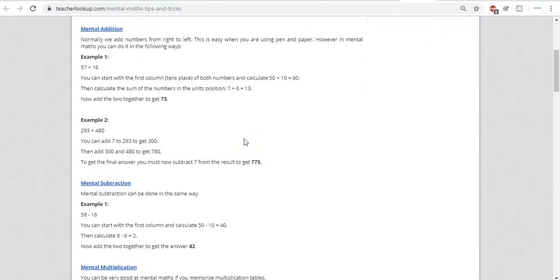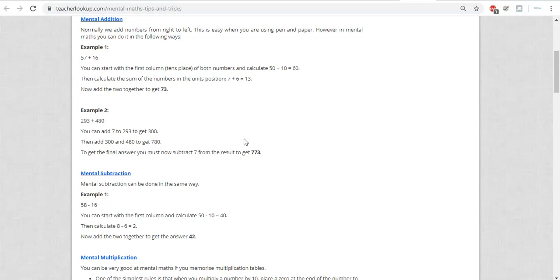I hope you understand. Moving on to example 2, this is a 3-digit number: 293 plus 480. So what can you do? You can add 7 to 293 to get 300. And you can add 300 and 480 to get 780. If you subtract 7 from the final answer, this will result in 773.